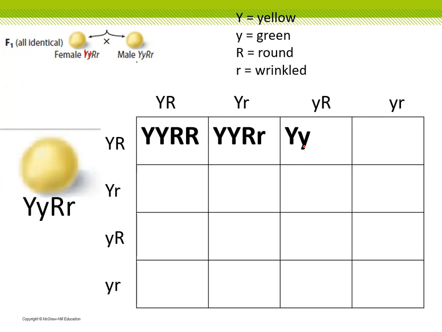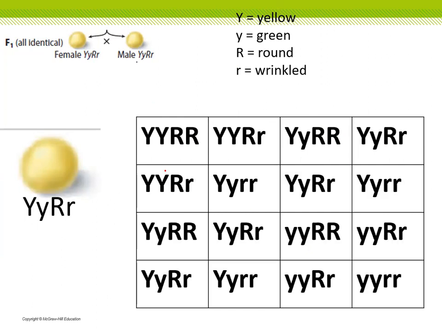Heterozygous in color, one dominant, one recessive, but homozygous, double dominance in roundness, and so on and so forth. So eventually, I'm going to end up with this. I want to actually copy those.